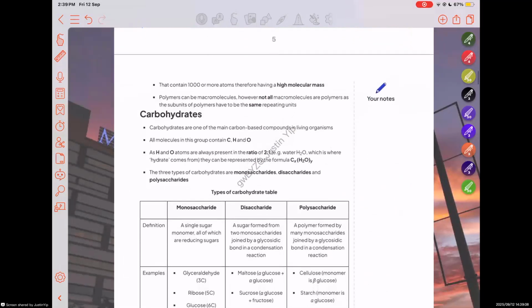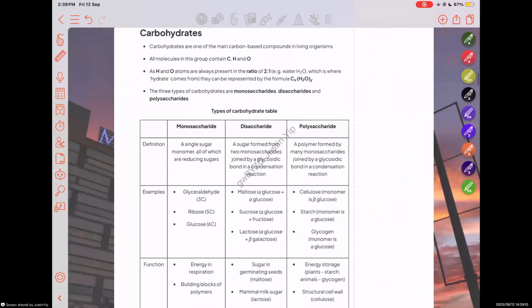Okay, so let us look at carbohydrates. First thing, carbohydrates contain C, H and O. The H and O atoms are always present in the ratio of 2 to 1. So 2 to 1 means that your H and O will have more numbers.